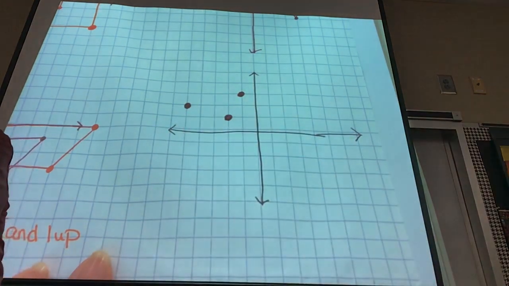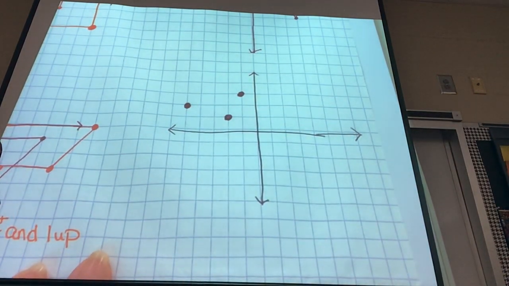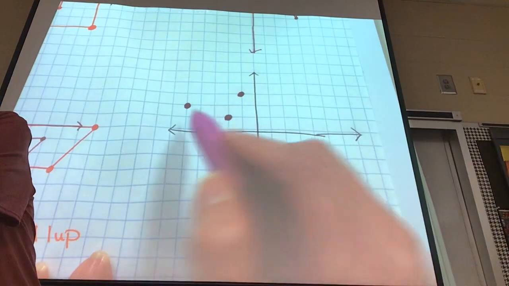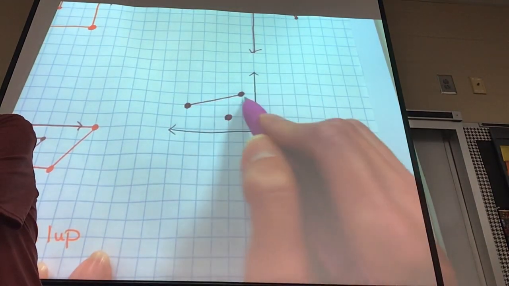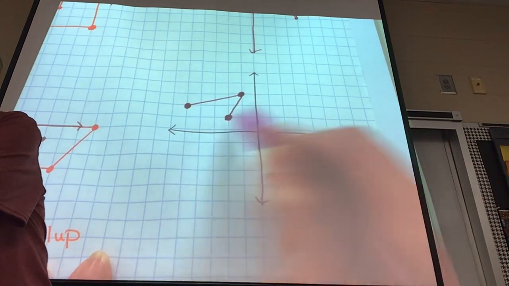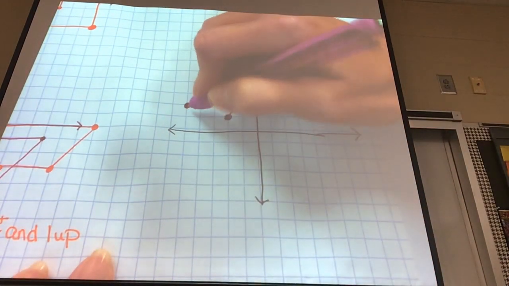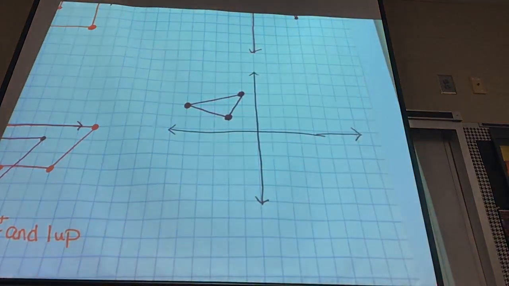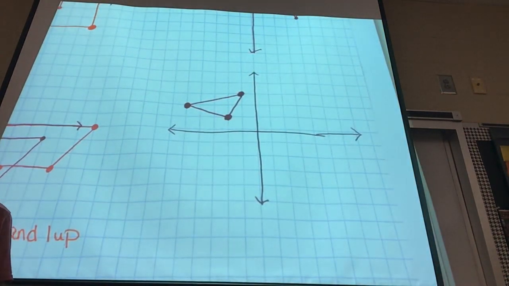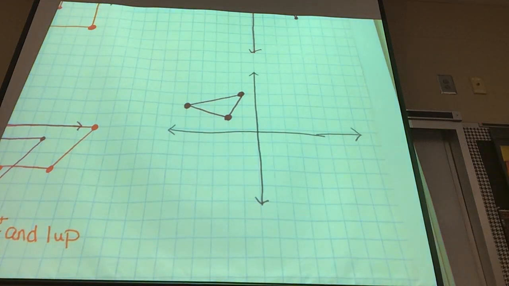So I've got my 3 dots. Then all you've got to do is connect them. So you should have a triangle similar to this.